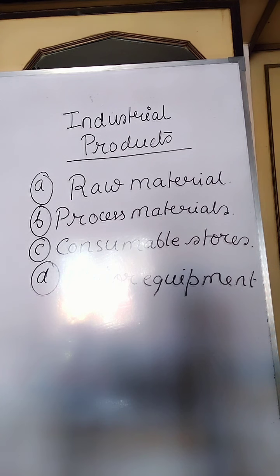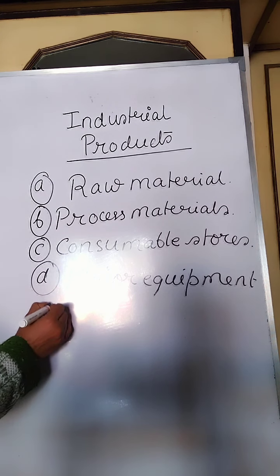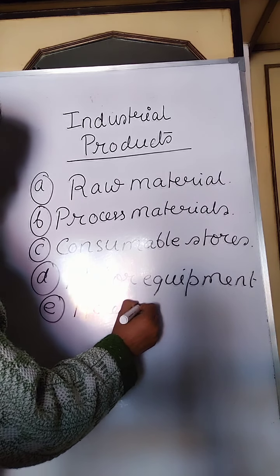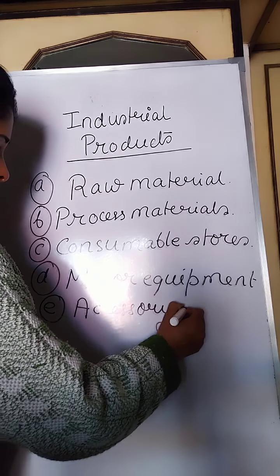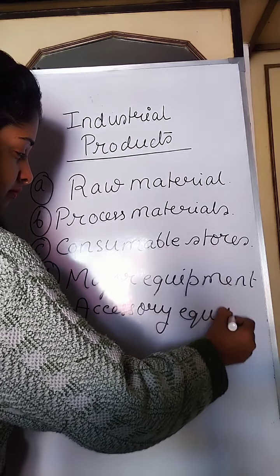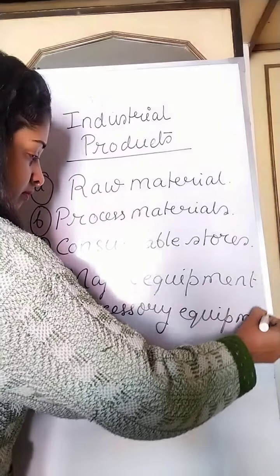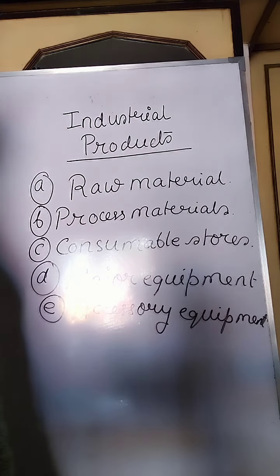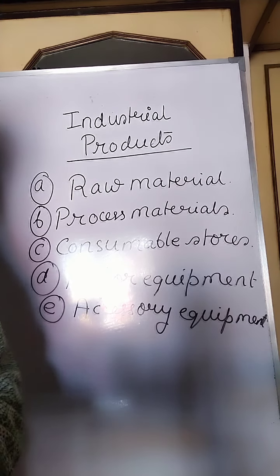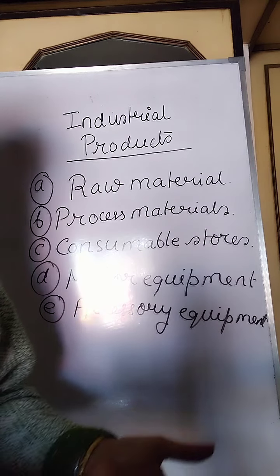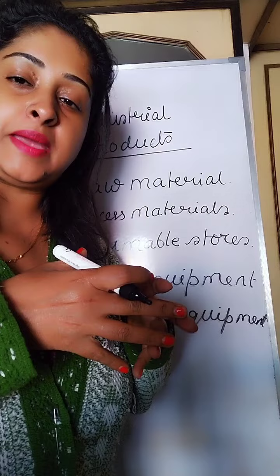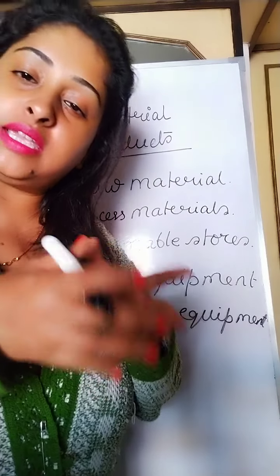Now comes the fifth category, that is accessory equipment. These equipment do not become a part of the final product but are used in production or office activities. That is, it is a direct expense, or it may be related to indirect expense also.